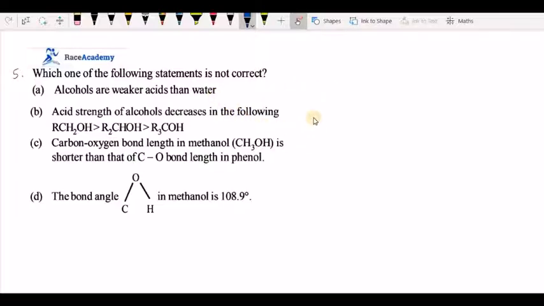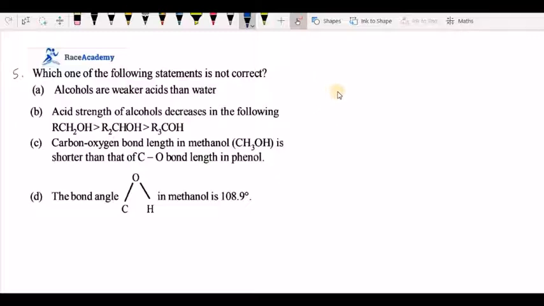Alcohol pKa value is different, water pKa value is different. Acid strength of alcohols decreases in the order: we know that primary alcohols are more acidic than secondary alcohols, than tertiary alcohols. This is also okay.